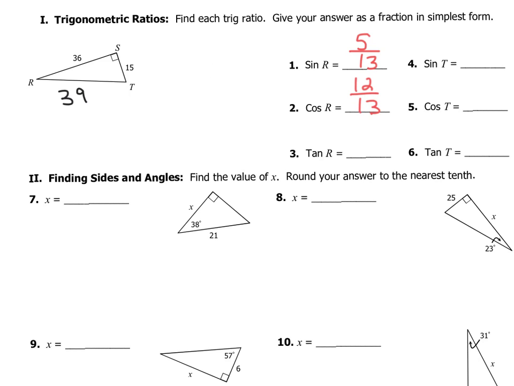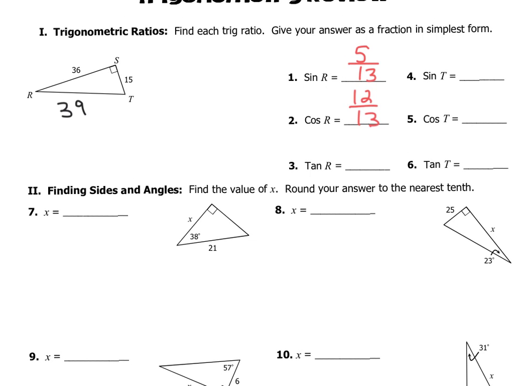The tangent of r is opposite over adjacent, so this time we're going to have 15 divided by 36. Again, 3 goes into each one of those, so we have 5 divided by 12 is the answer to that problem.